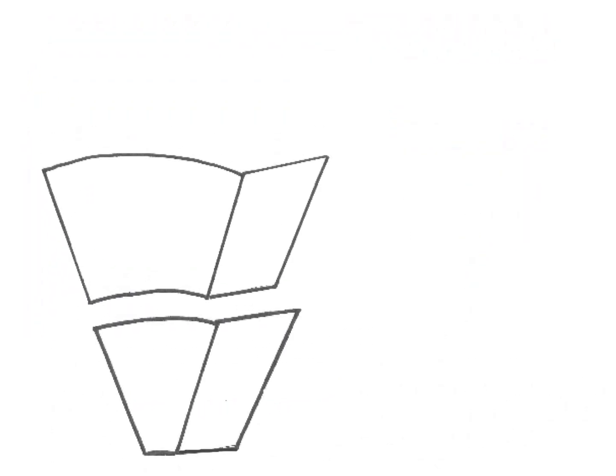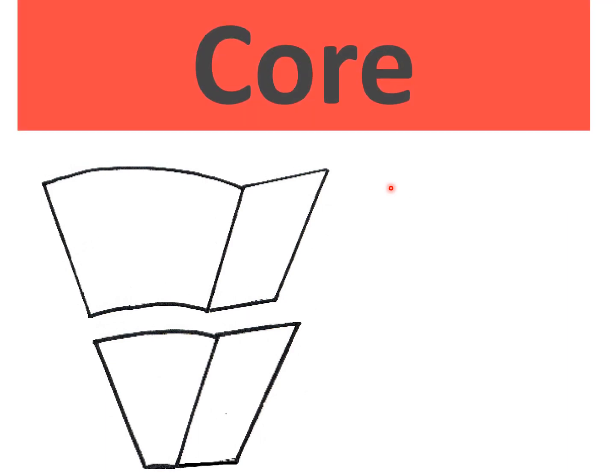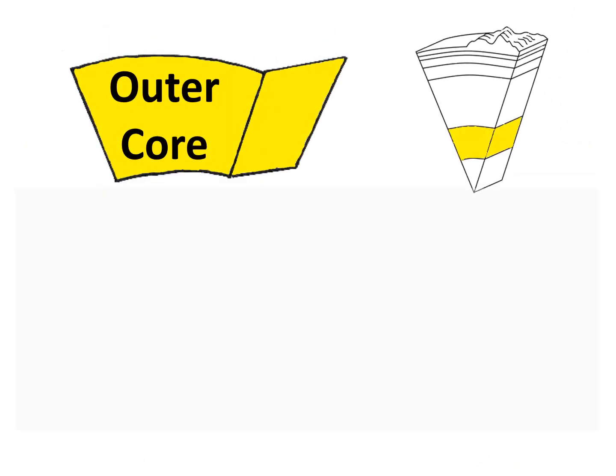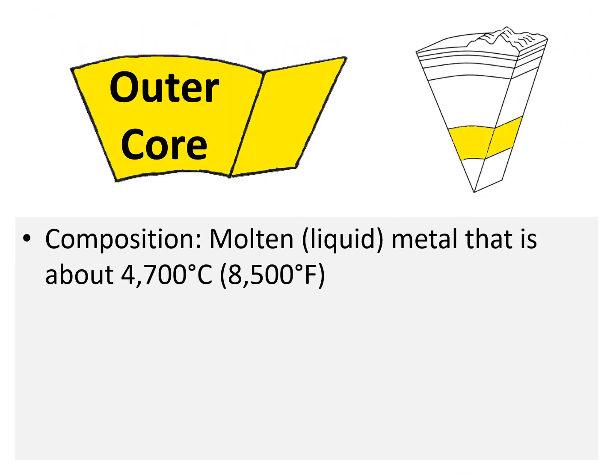We have your core. Basically, core means center. The core that we're talking about is the center of the Earth. We have an outer core as well as an inner core. Let's find out some information about the outer core.